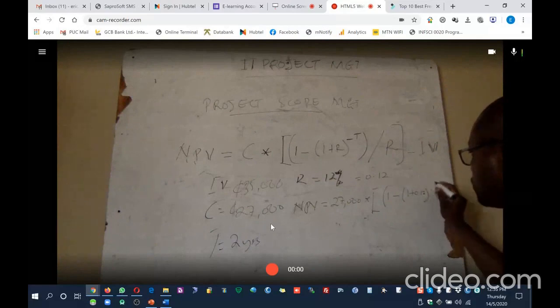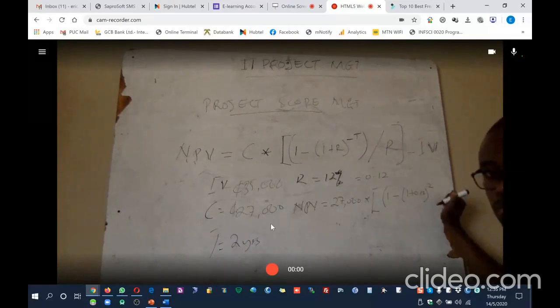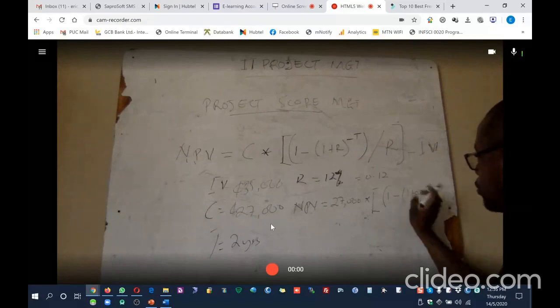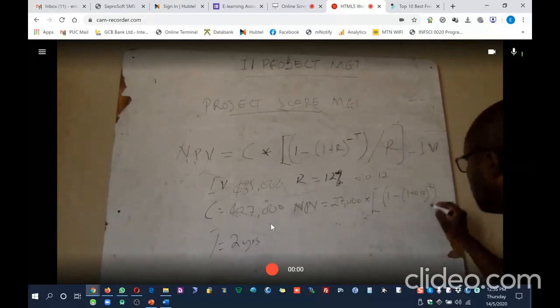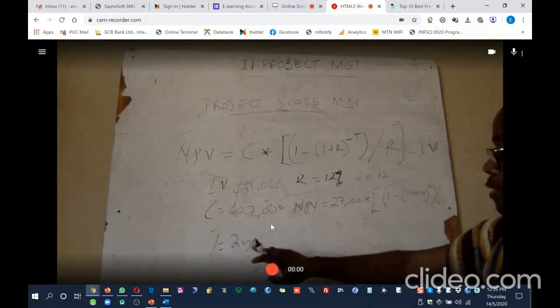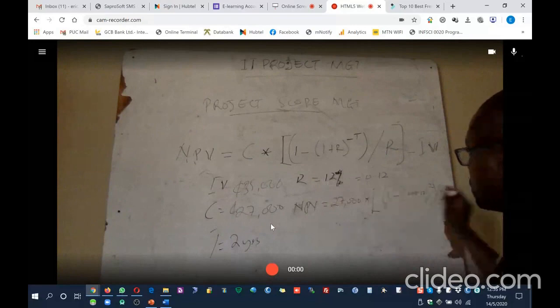Then we raise all this to the power -2. Then, after we've calculated that one, we'll subtract it from 1, and then we'll divide everything by R. R is 0.12.